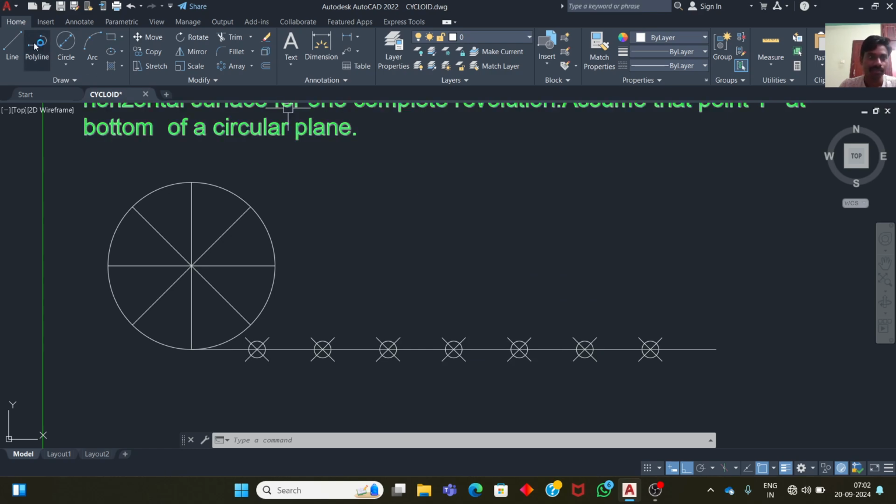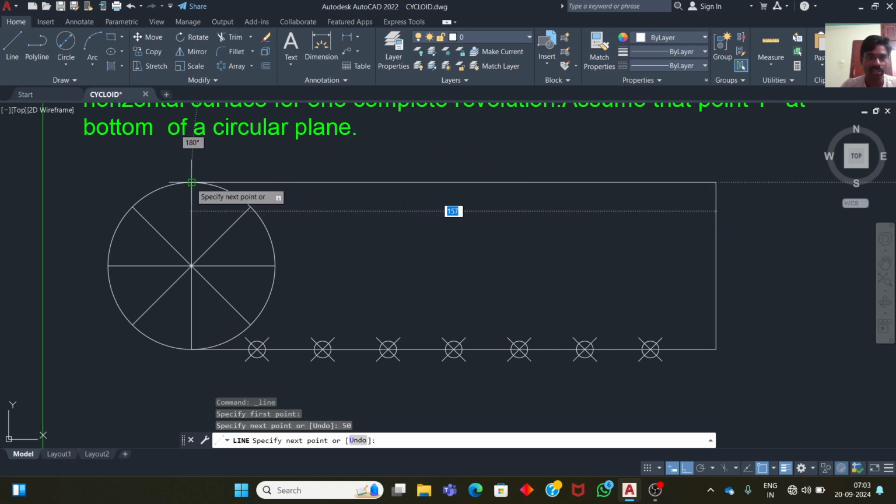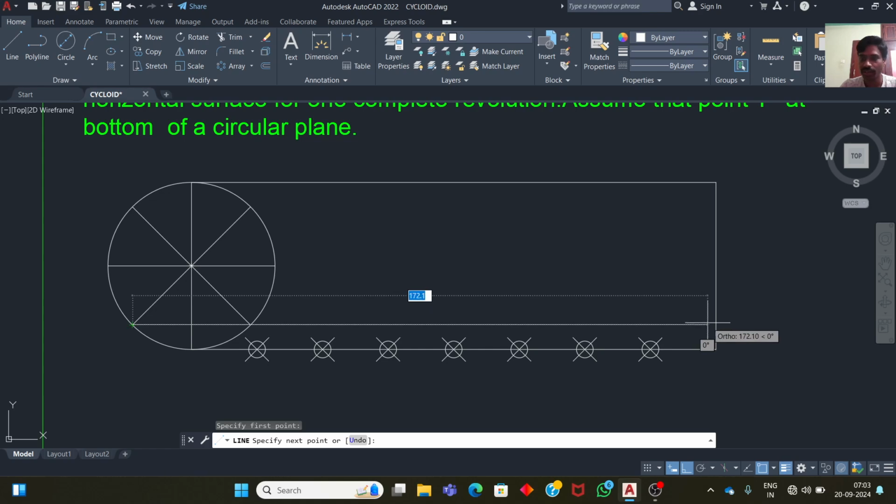Then from this end point, we need to draw a 50 mm line and join it to this circle. A rectangle box will be formed like this. Then each and every segment, we have to join up to this line.